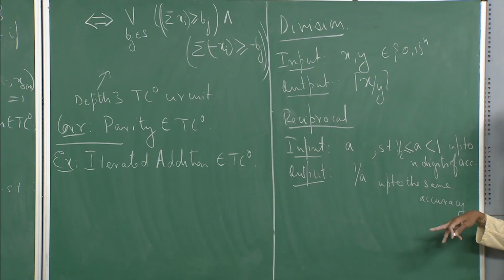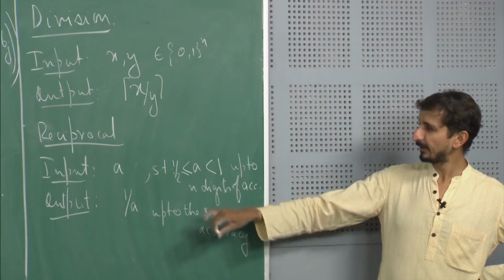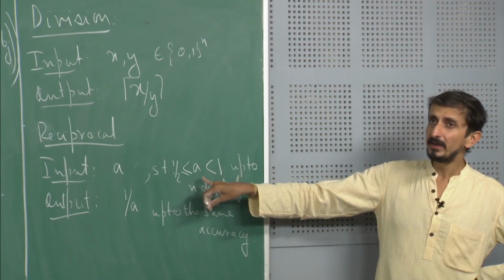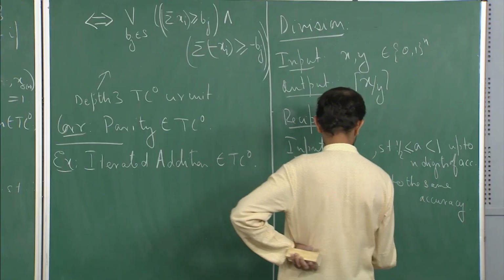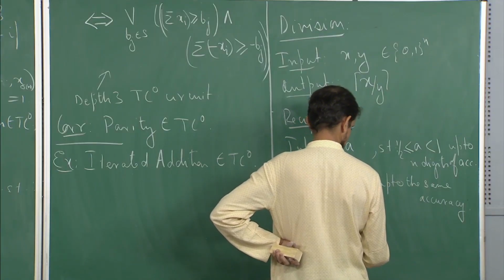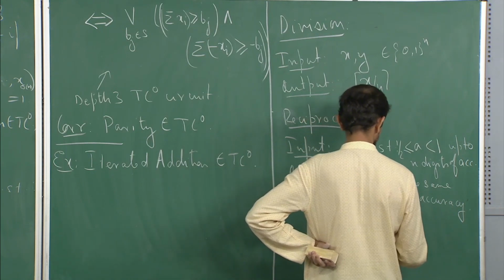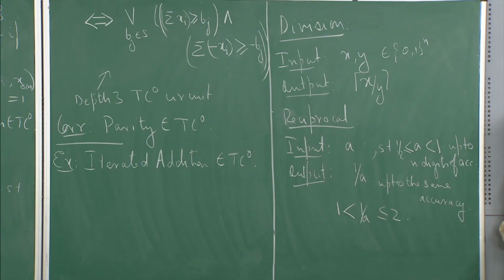So what will be the value of 1 over A? Where will 1 over A lie? So note that 1 over A will be between 1 and 2. Right. So 1 over A is greater than 1 and it is less than or equal to 2. This is what we have, and this is what we want to output.